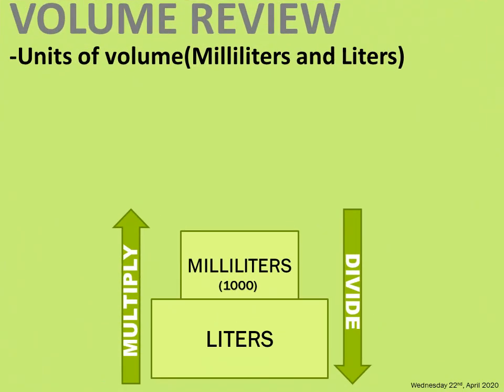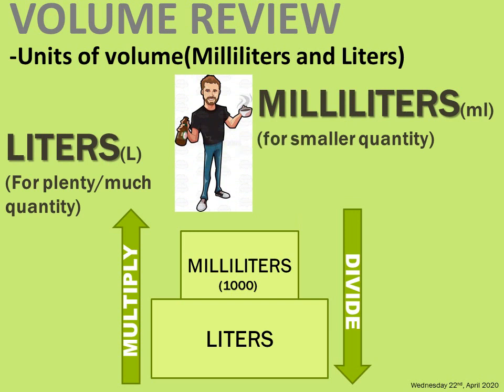Now go to volume. For volume, we have 2 units as well, milliliters and liters. And remember, liters is for plenty. That's much. The quantity is much, like a gallon of water, bucket of water.